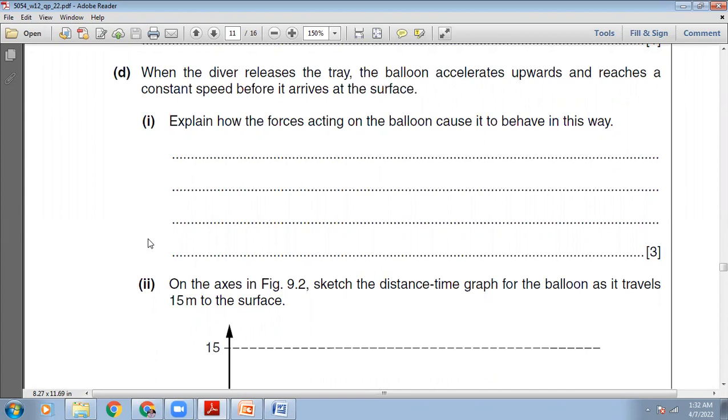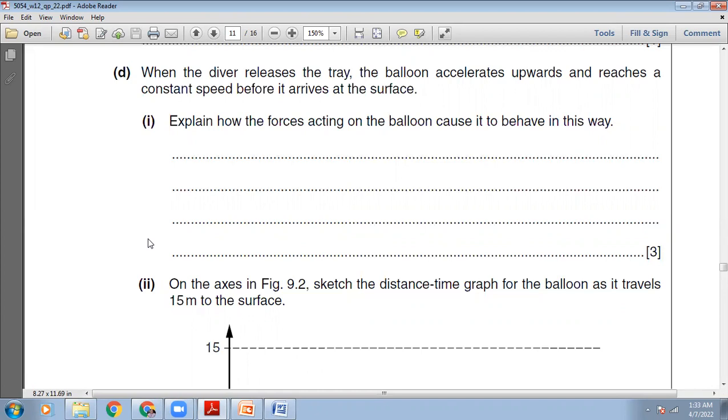You see, when the balloon is moving upward, it's coming upward because of the upthrust of the water. The water applies force on the objects in the upward direction. We call it the buoyancy, or we also call it the upthrust of the water. So that upthrust is acting upward.